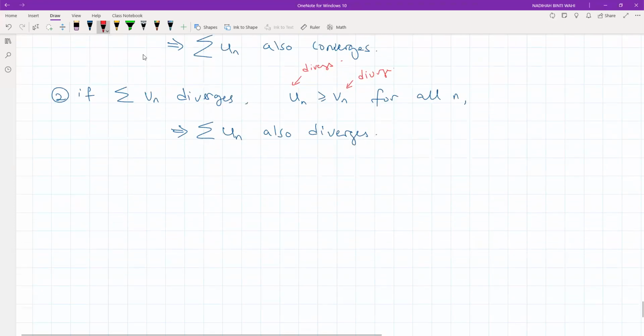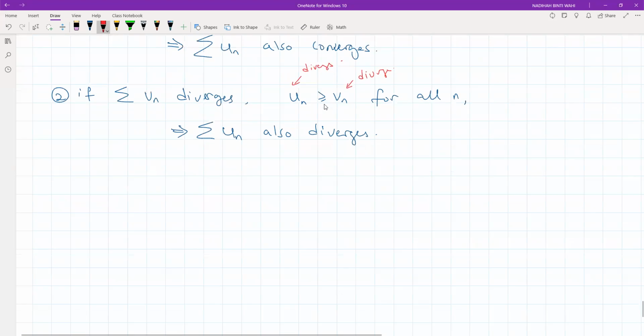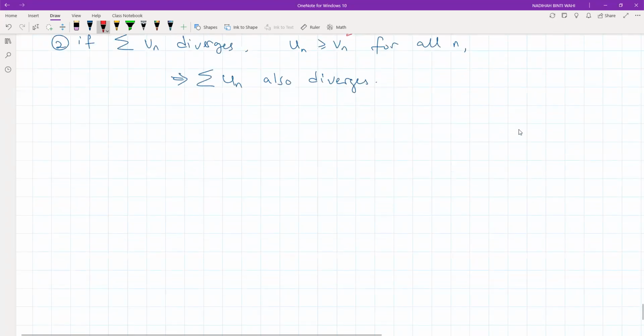And we can also compare using the limit test. Okay, and Un is the same thing. Un and Vn are positive. Remember the positivity of that. Okay, so we can do something like number 3.